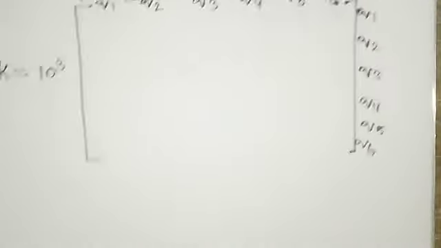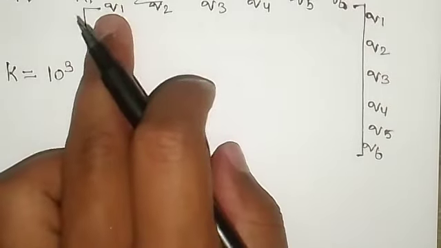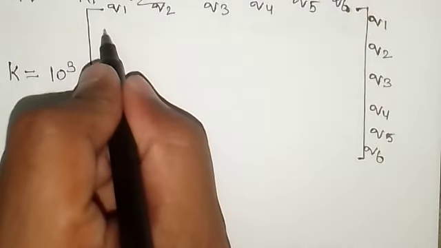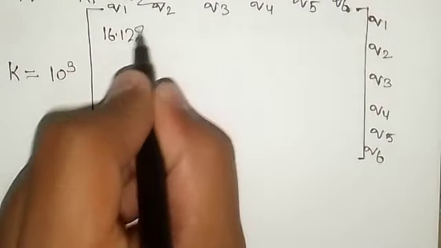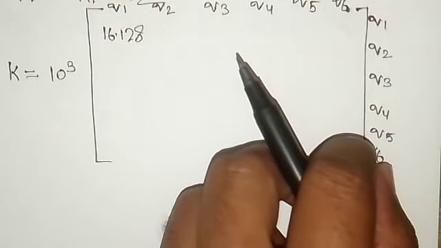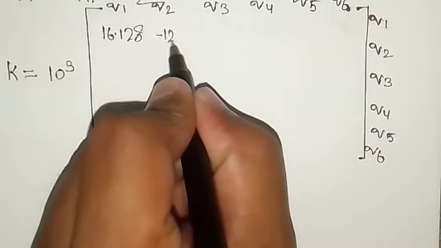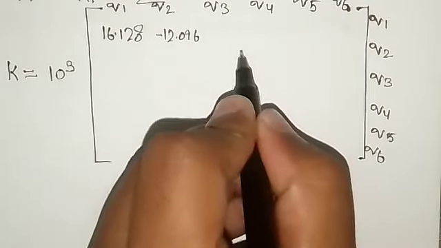So you simply need to take the values, checking what is the Q11. Q11 is 16.128, right, from element 1. So 16.128, right? Q12 is minus 12.096. So minus 12.096, right?